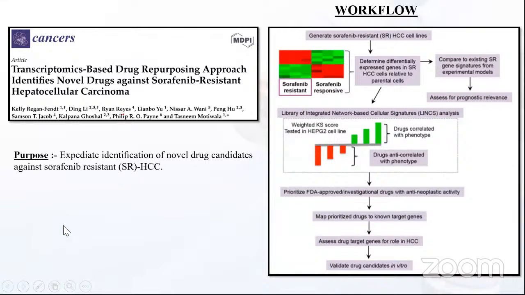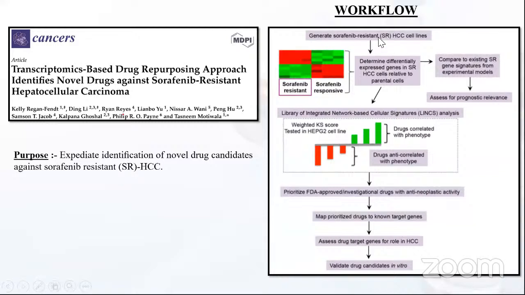The paper I went through was a transcriptomics-based drug repurposing approach, which identifies novel drugs against sorafenib-resistant hepatocellular carcinoma. The purpose of this paper was to expedite the identification of novel drug candidates against sorafenib-resistant HCC. The workflow shown here gives an overview of computational drug repurposing and the drug target network.